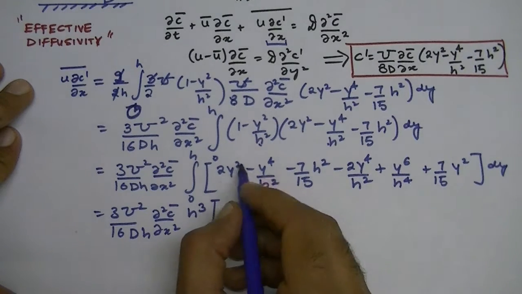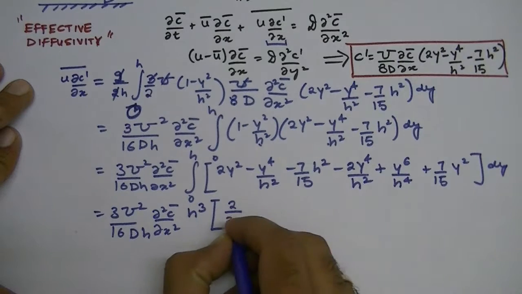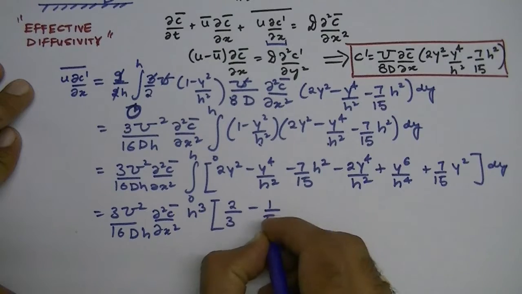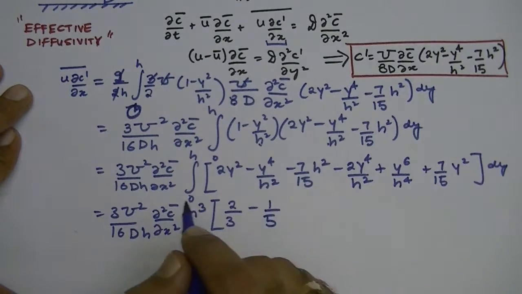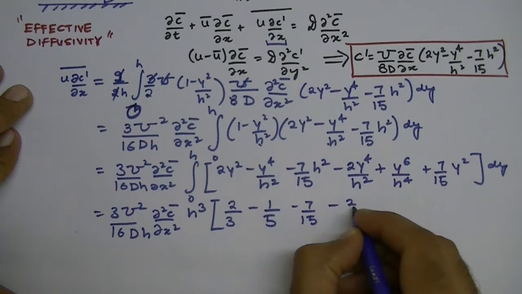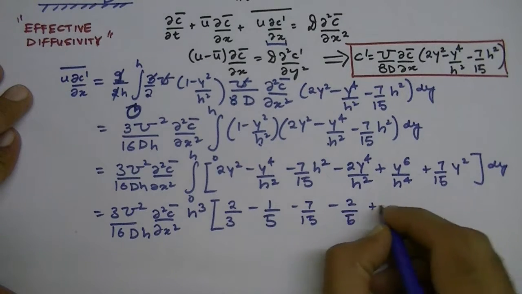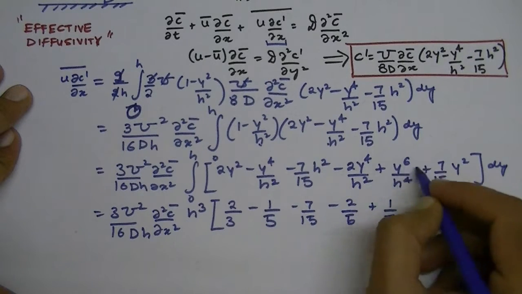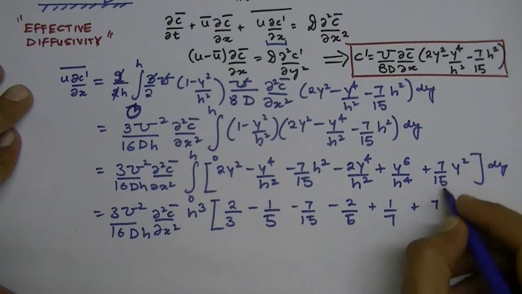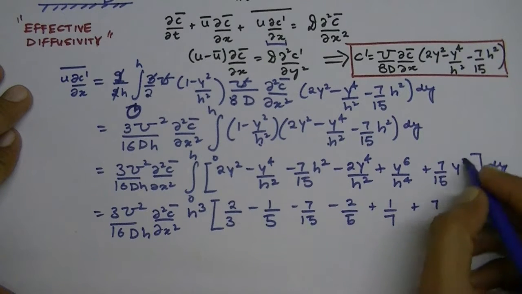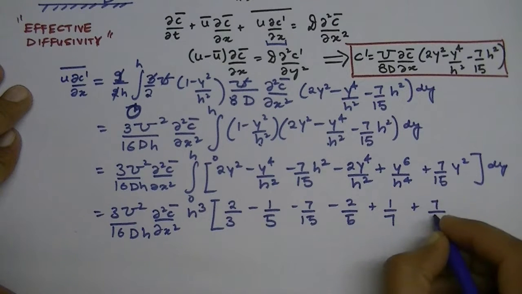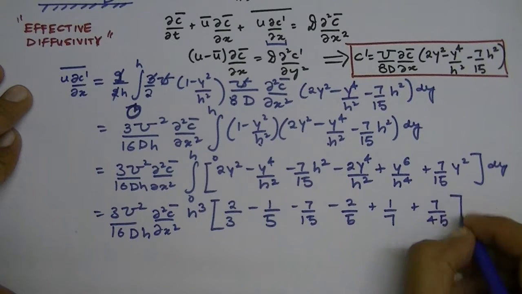The first term would be 2 over 3, then we would have 1 over 5 because we are integrating y raised to the power 4, then we have 7 over 15, minus 2 over 5, plus 1 over 7 because we are integrating y raised to the power 6, plus, we have 7 over 15 and we are integrating y squared from 0 to h, so we would get h cubed over 3 times 7 over 15, which is 7 over 45.